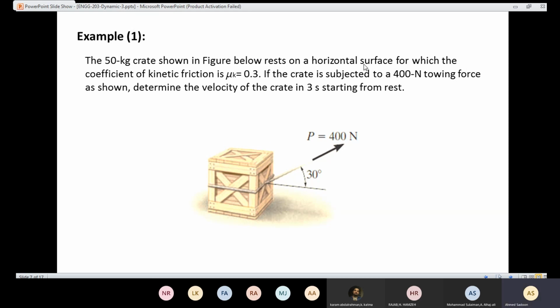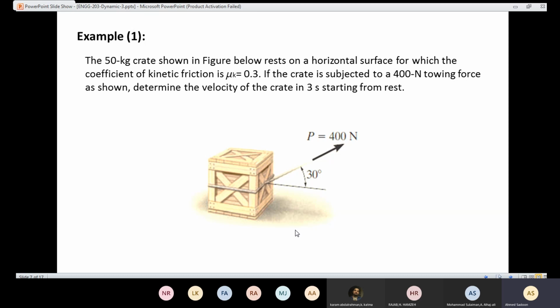It rests on a horizontal surface for which the coefficient of kinetic friction is equal to 0.3. That means that the surface here is rough. And also, you are going to say that the box is going to move.